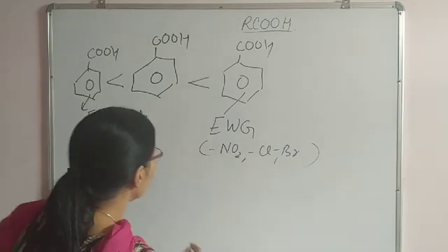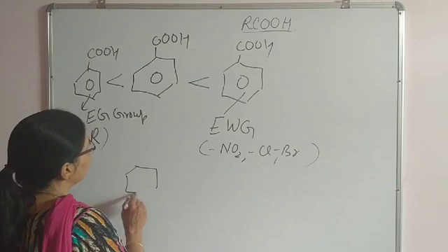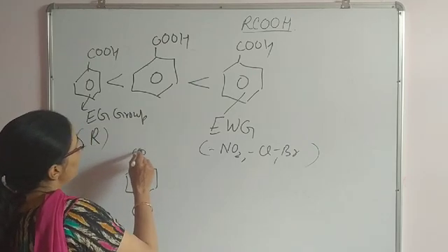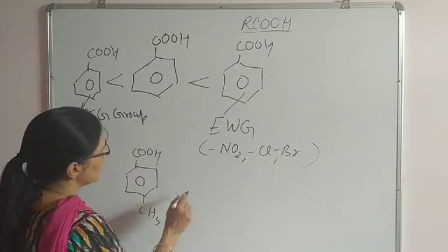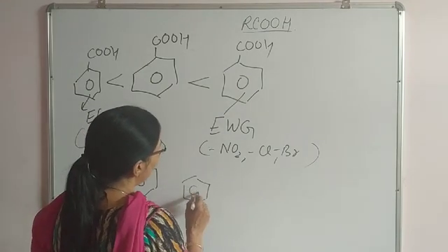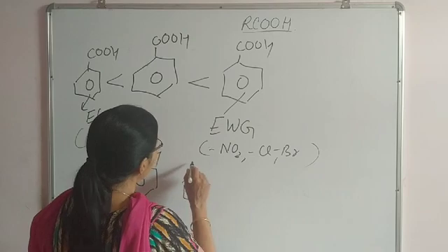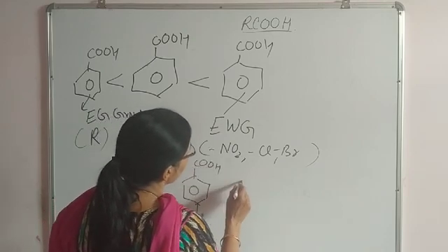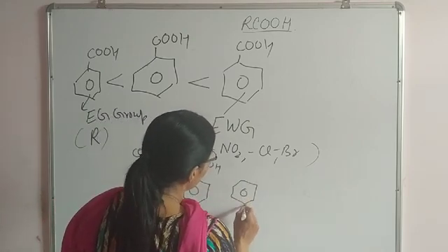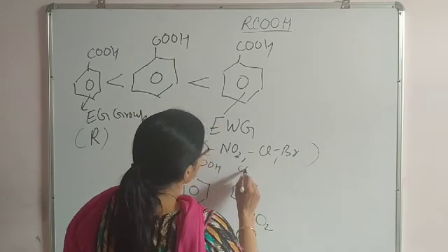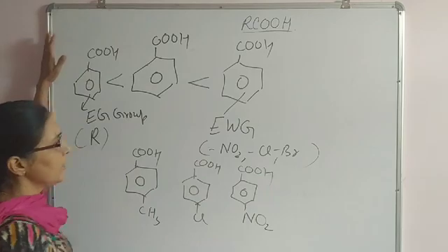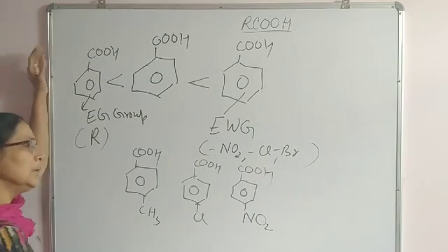For example, I can say easily that COOH. Then suppose this one. Next compound I am taking, here chlorine group, here COOH group. Next compound I am taking, that NO2 group, COOH group. Which one will be the strongest?